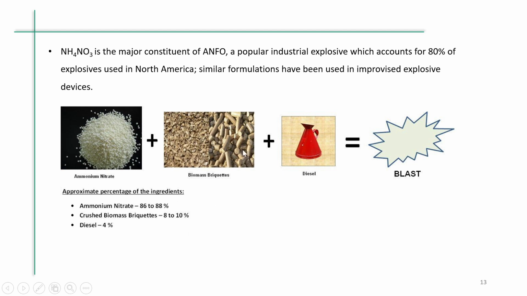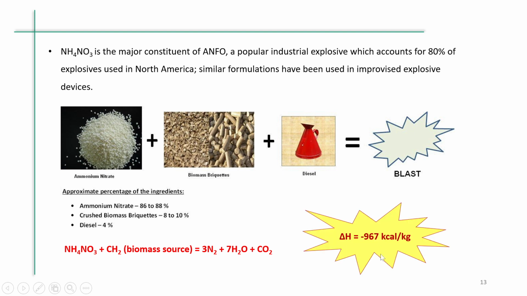And if we mix this all together, ammonium nitrate is safe. Individually, all the things are safe, but when mixed together, it will lead to a blast. Why? Because of this chemical reaction occurring, involving this much energy evolved, minus 967 kilocalorie per kilogram.